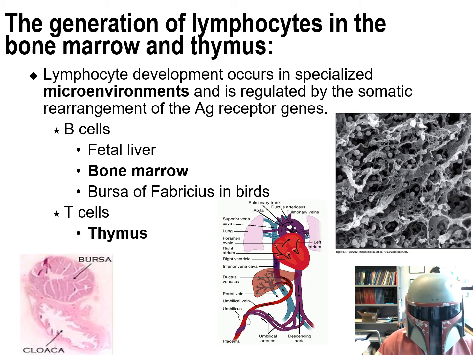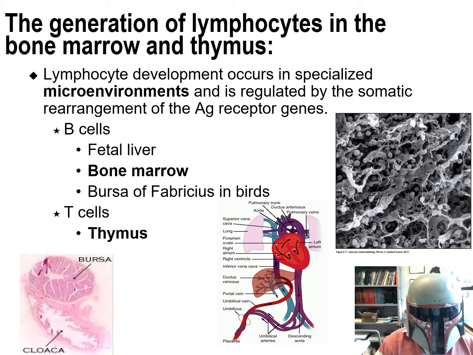But here we go. So the T cells again start out as babies in the bone marrow, just like B cells. But then the T cells have to migrate to the thymus. Now, when we start out as embryos in fetal development, the fetal liver actually does a lot of the heavy lifting for the bone marrow to produce these baby B cells.